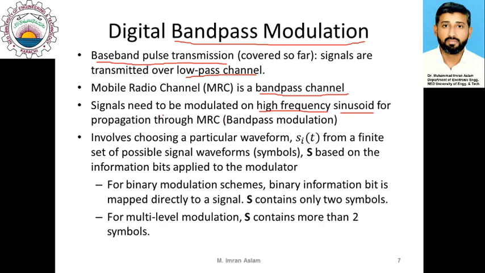So for digital band pass modulation, we have different sinusoidal waveforms which are used to represent different symbols, which are then used for transmission over a mobile radio channel. Similar to the baseband systems, the band pass systems also have binary modulation schemes as well as multi-level modulation schemes, depending on how many bits are combined to form a symbol.